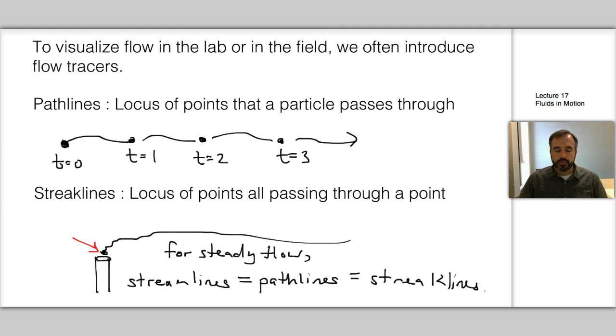Okay? So if we have a steady flow, these things are extremely useful in visualizing the flow and interpreting what the flow is doing around an object or in its environment.